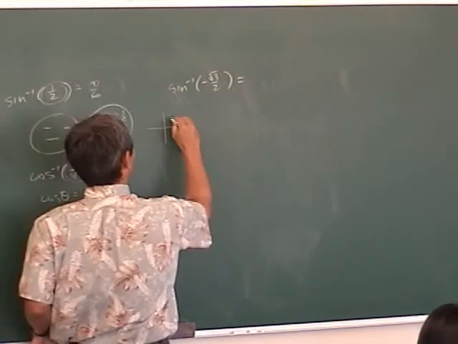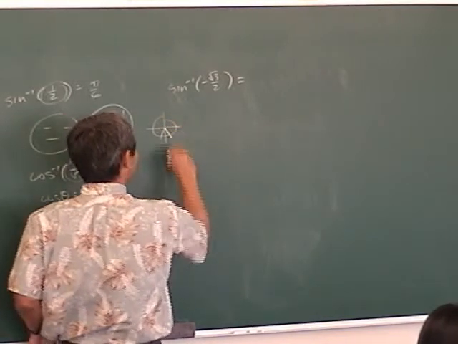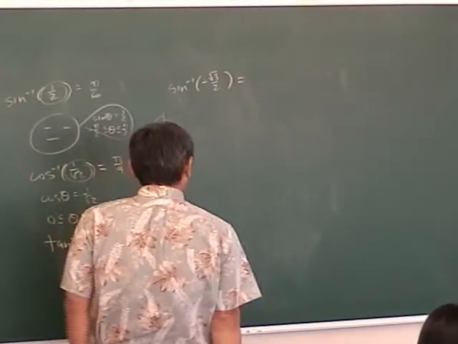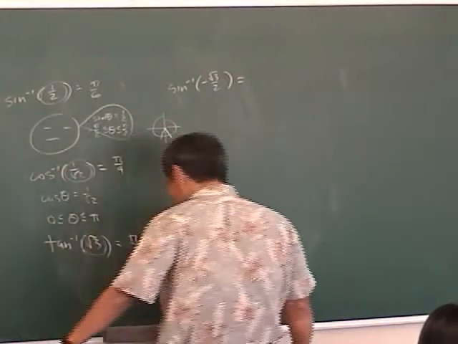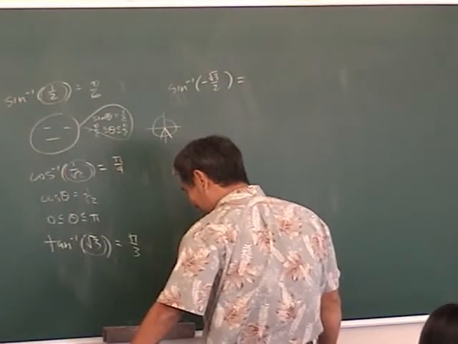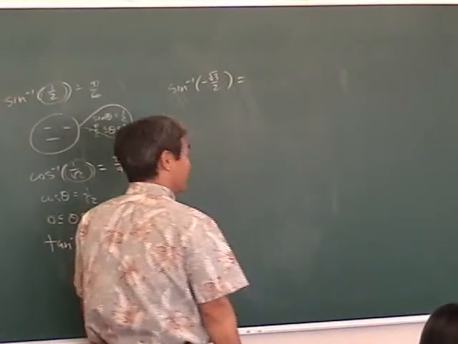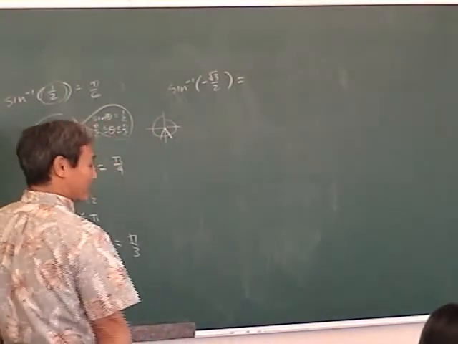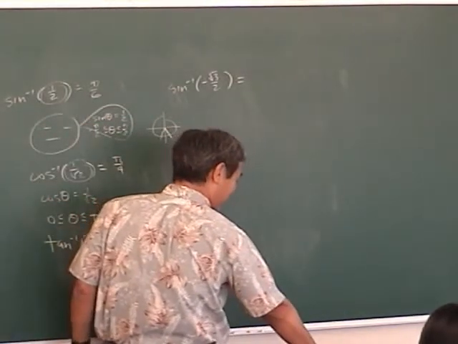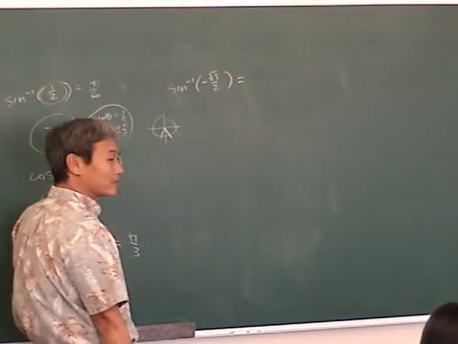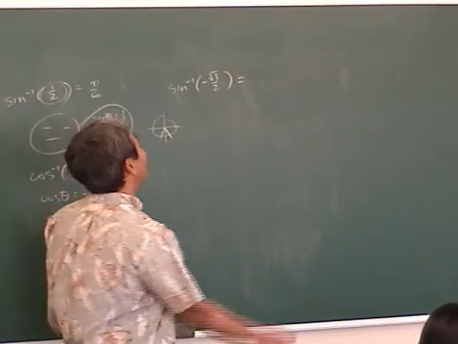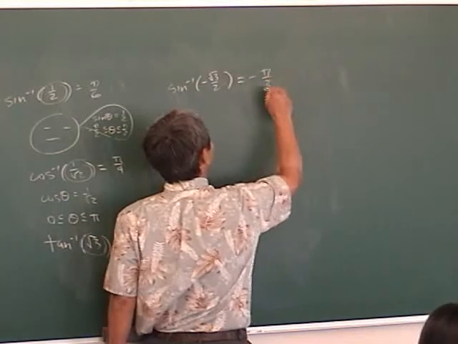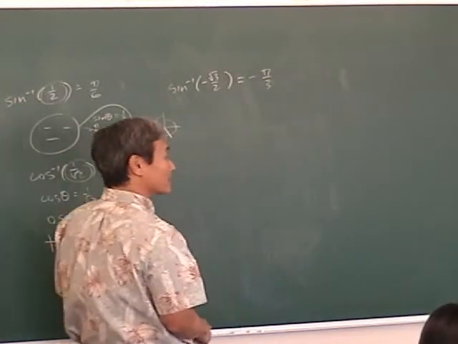On the unit circle, it's there and there, right? So what is it? Is it 4 pi over 3? No. How come? Because the answer is not in the range. What about 5 pi over 3? No, that's not in the range either. So what's the answer? Negative pi over 3. That's the only one that's in the range.